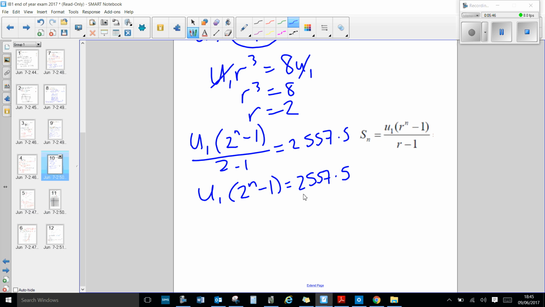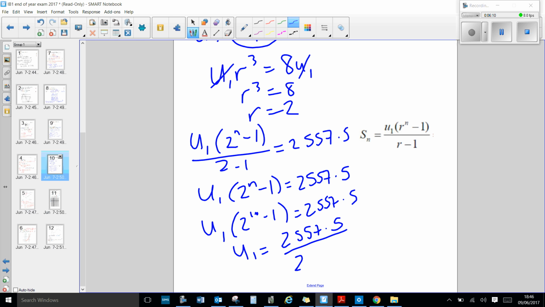We know n is 10, so u1 times (2 to the 10 minus 1) equals 2557.5. So u1 is 2557.5 divided by (2 to the 10 take away 1).